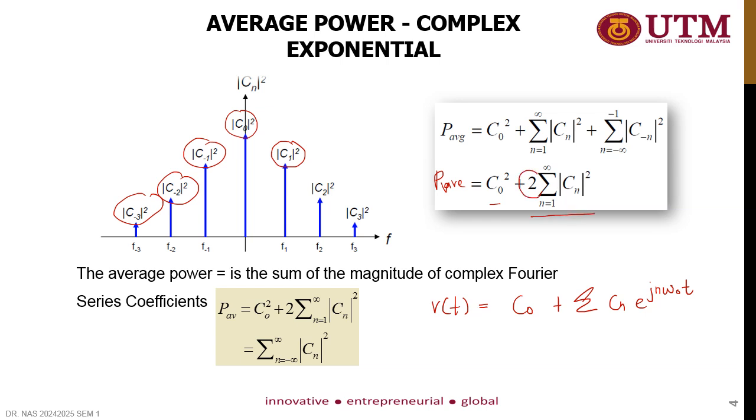Why do we have 2 here? Because the amplitude at f1 and f minus 1 is the same, so you can simply calculate the power at C1 and multiply by 2, representing the negative frequency as well.